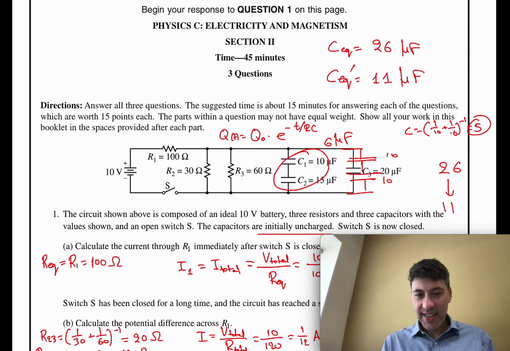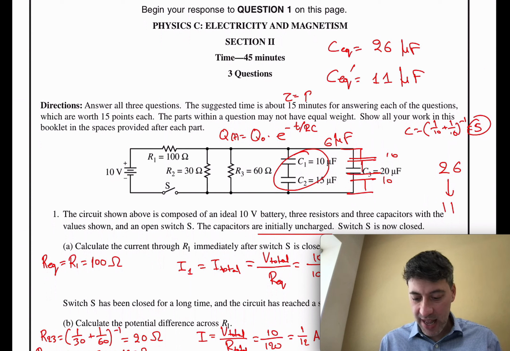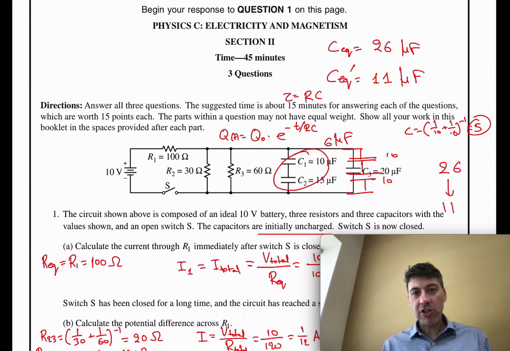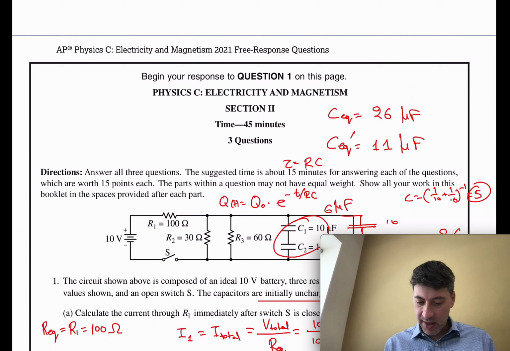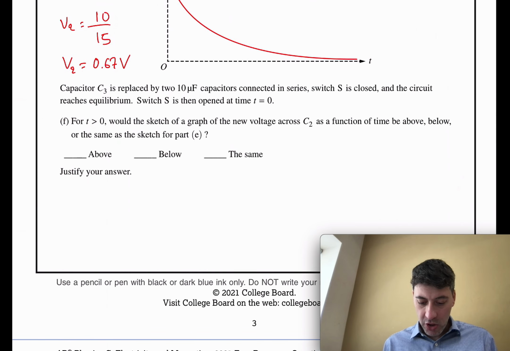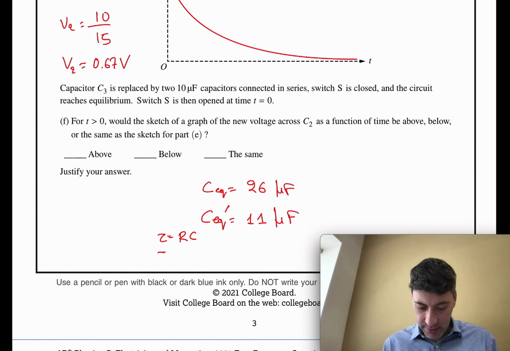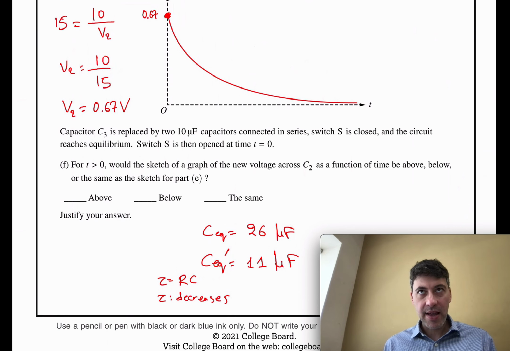So the capacitance decreases. The time constant is RC, so the time constant also decreases. And let me just copy and paste this because we will need it. So the time constant decreases, and this means that it will take less time in order to discharge.